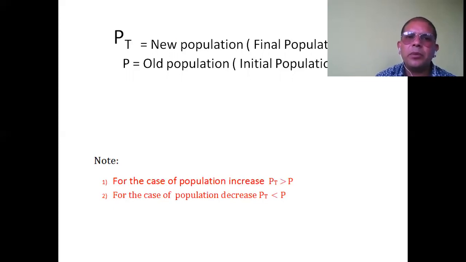Now the population of 2074 is P and 2076 is PT. So in the case of 72 and 74, 74 is PT. In the comparison of 74 and 76, 74 is P. So which one is new, which one is final, that is your PT. Don't be confused. And I already discussed that for population increase, PT is greater than P, and for population decrease, PT is less than P.